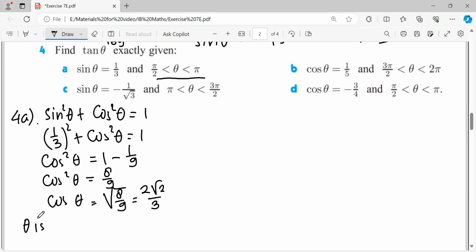Theta is a quadrant 2 angle, not quadrant 3.